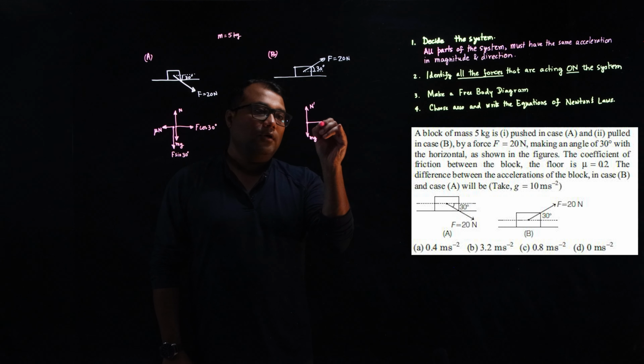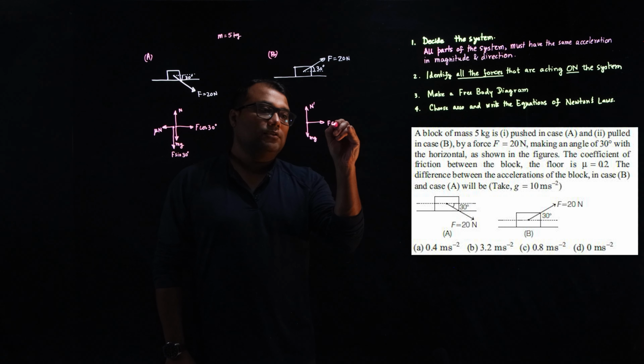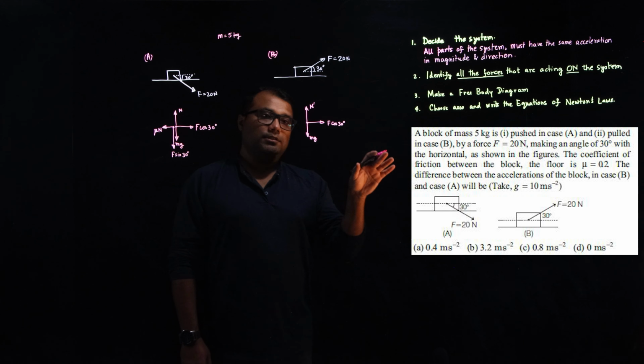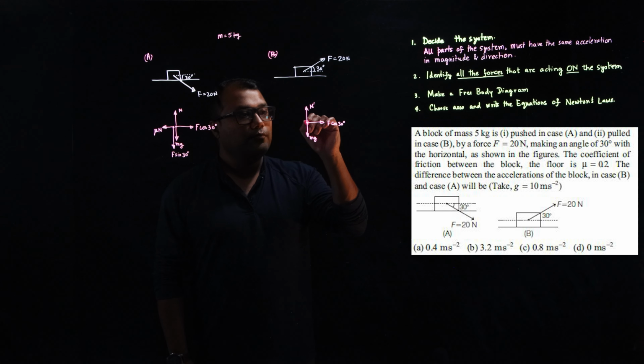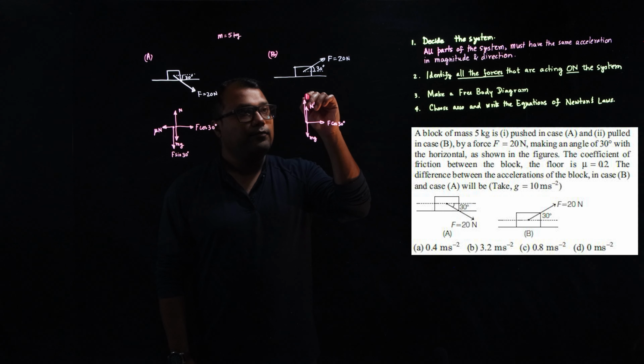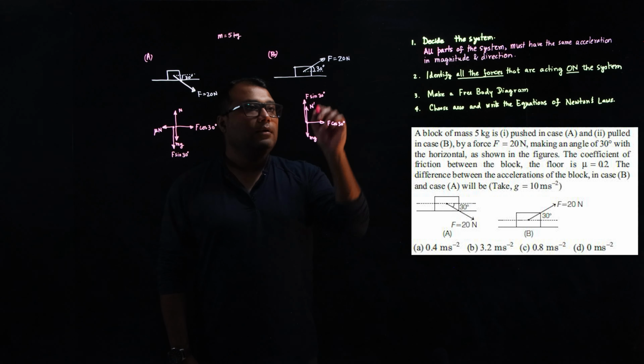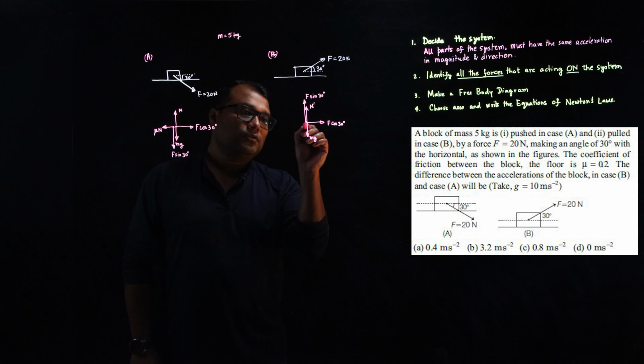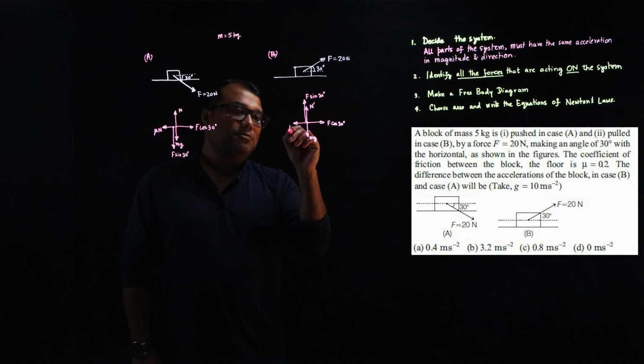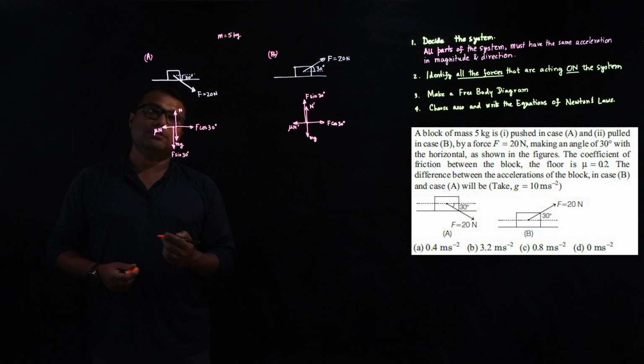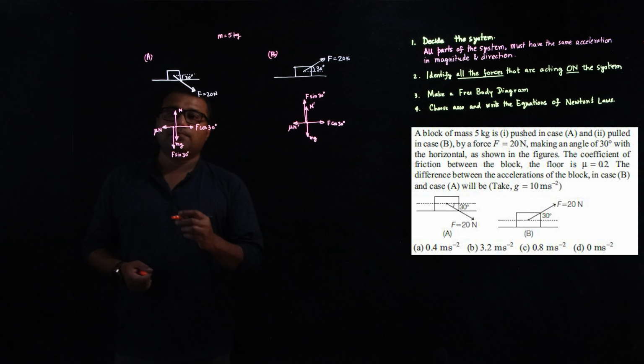We have F cos 30 degree in this direction, and then we have F sin 30 degree in the upward direction, and then the body is moving this side, so the frictional force, which is mu N dashed, is in the opposite direction.